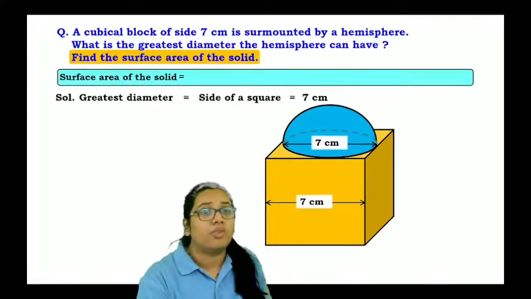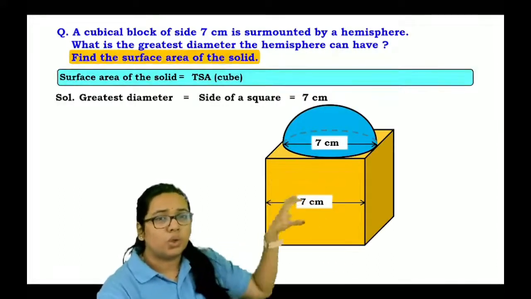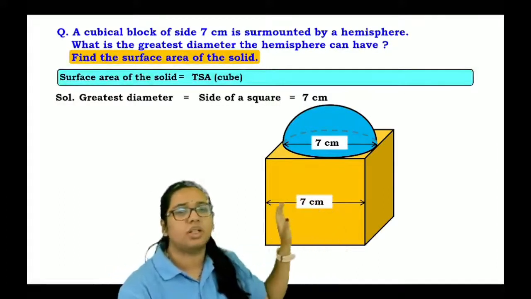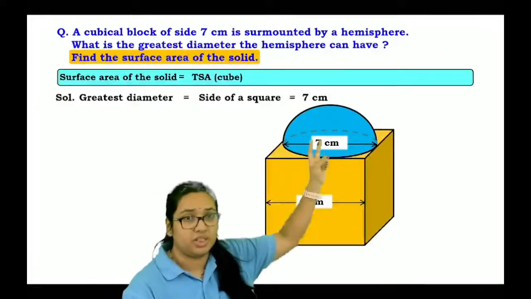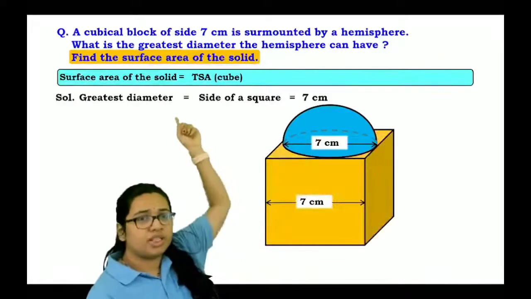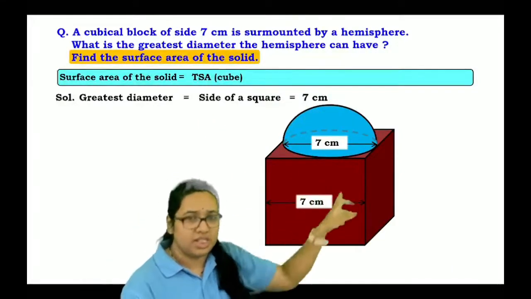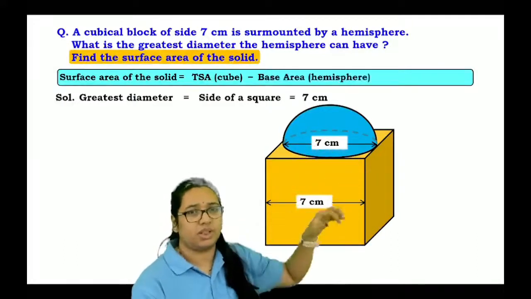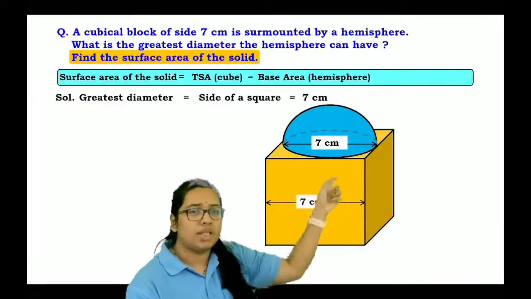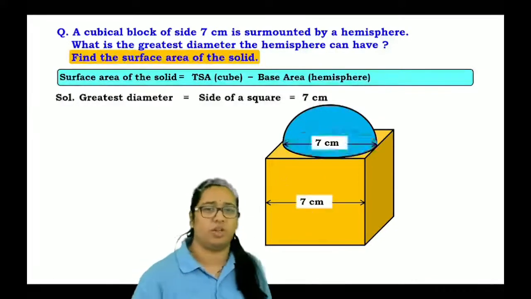Okay. We have to find the surface area of the solid. The whole figure is one cubical block and one hemisphere. So the surface area of the solid will be the total surface area of the cube minus the base area of the hemisphere plus the curved surface area of the hemisphere.